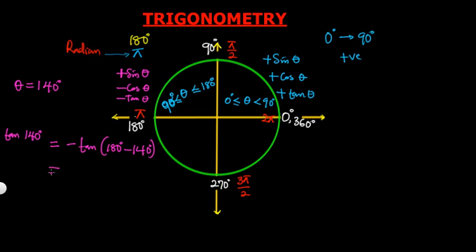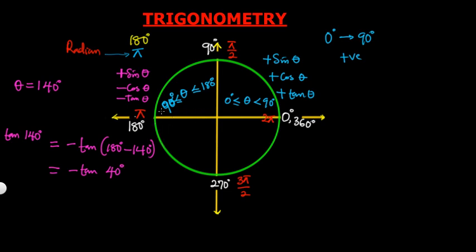And when we take this, it can be expressed as negative tan 40 degrees. You will observe that if you check through your calculator or your four-figure table, pressing tan 140 is equivalent to pressing negative tan 40 degrees, when it is at the second quadrant.